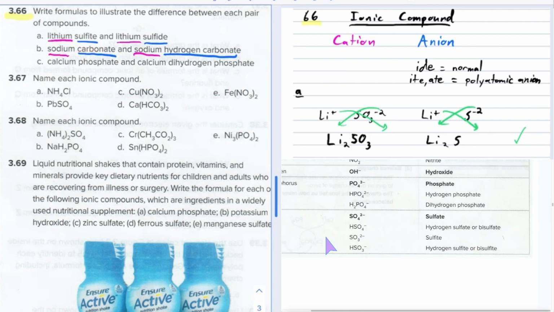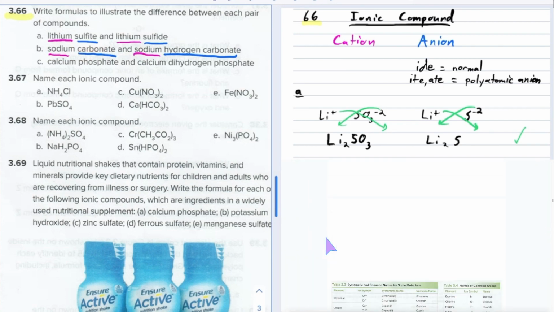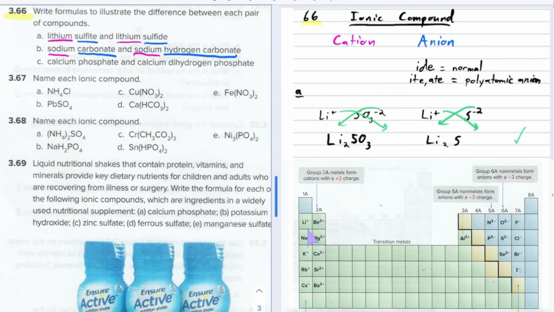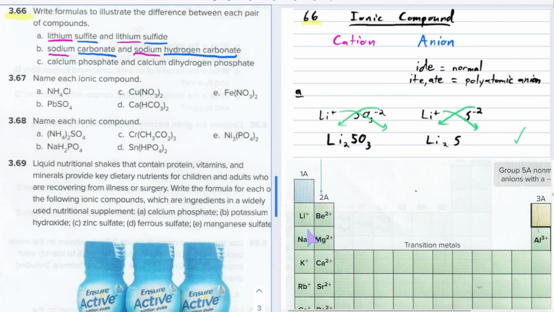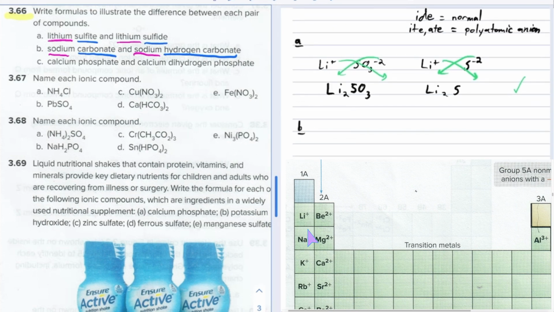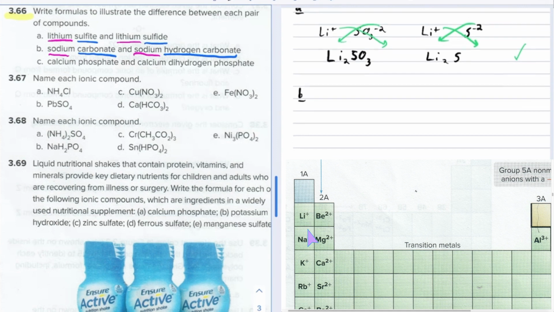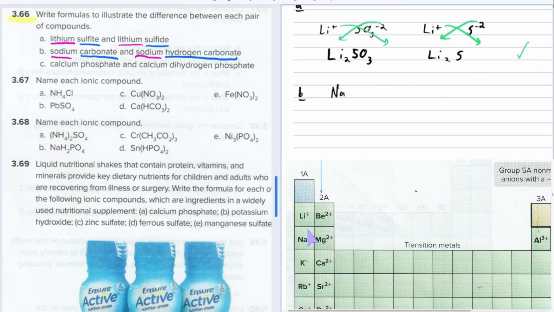Sodium is always a +1. Going back to figure 3.2, sodium's in the +1 column. It's always a +1. So for B, the one on the left, we're dealing with sodium plus 1, and the one on the right, we're also dealing with sodium plus 1.